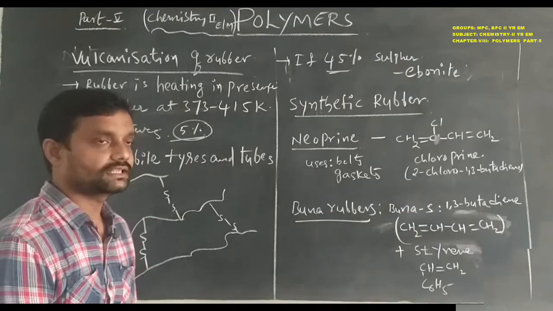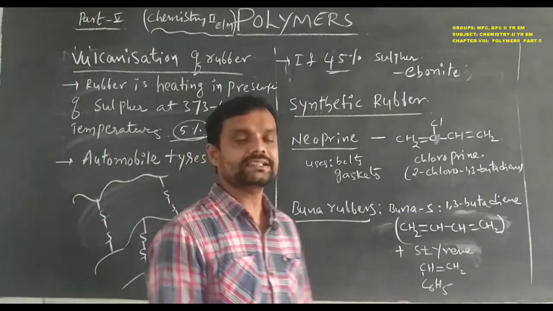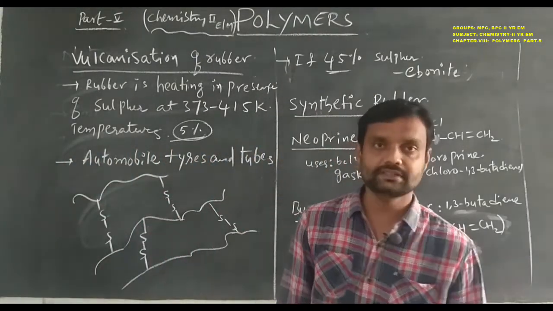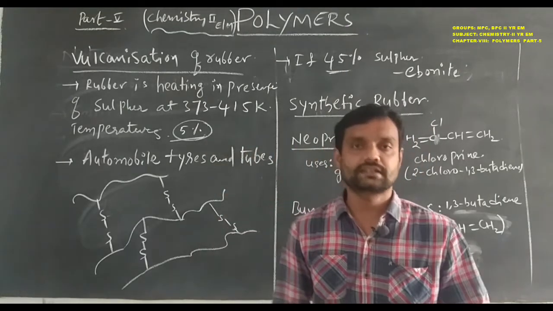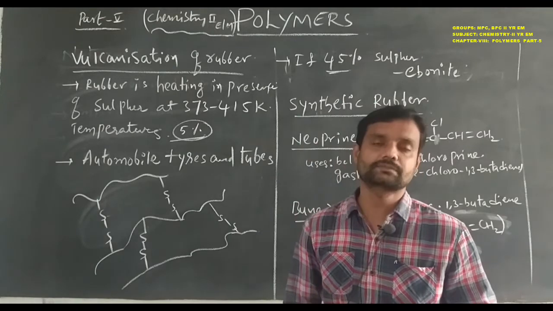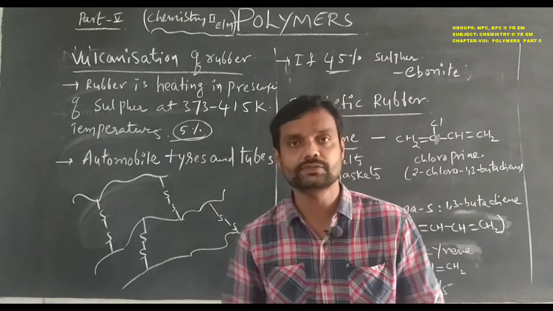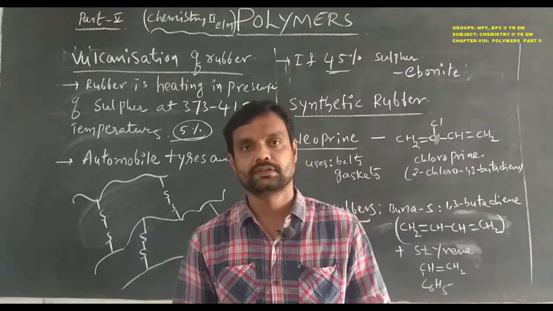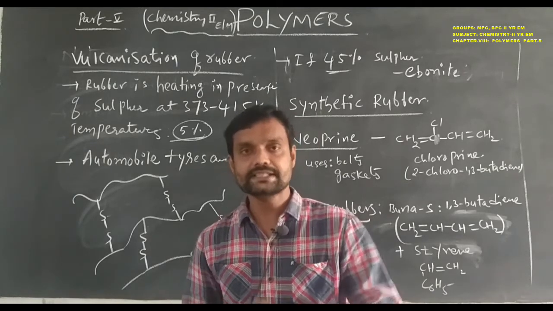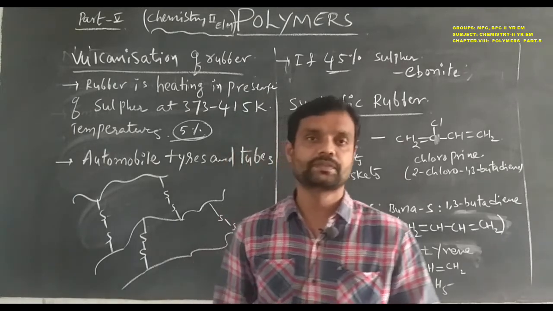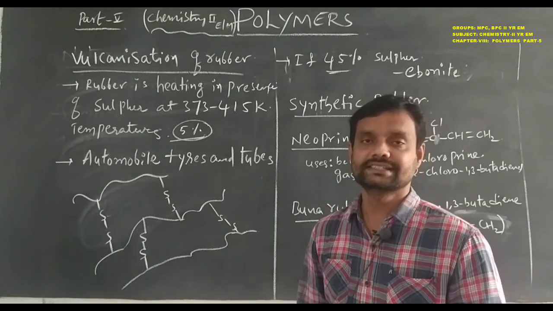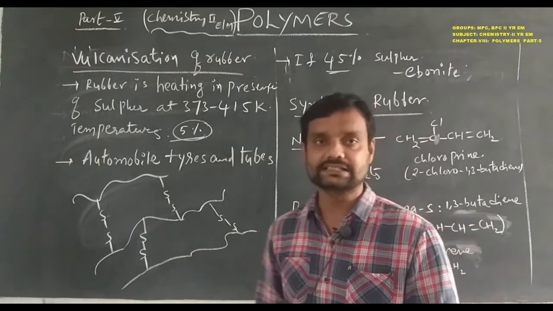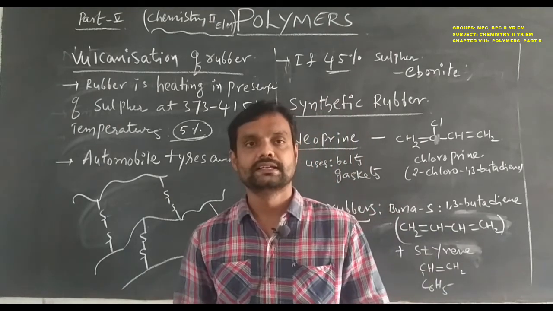We move to the vulcanization of rubber. Natural rubber has a highly elastic nature, and when rubber is too elastic, there is no use for that rubber. So we minimize the elastic nature of the rubber. How can we minimize it? We do the vulcanizing of rubber.